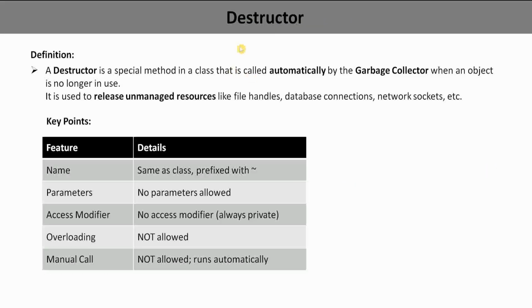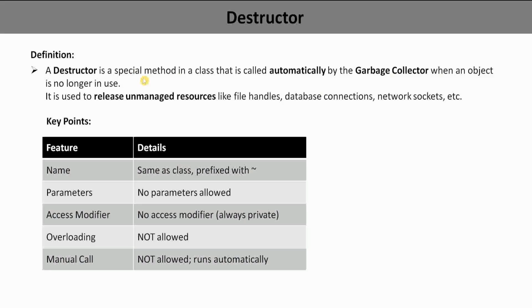Next topic we have is the destructor. So what is a destructor? In the last lecture we already discussed the constructor. Now we will discuss the destructor. A destructor is a special method in a class that is automatically called by the garbage collector when an object is no longer in use.